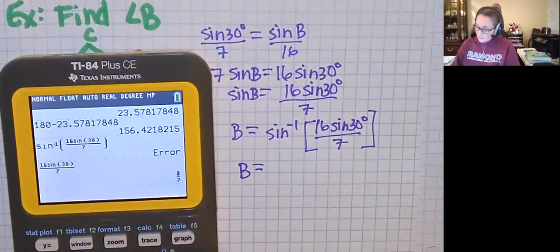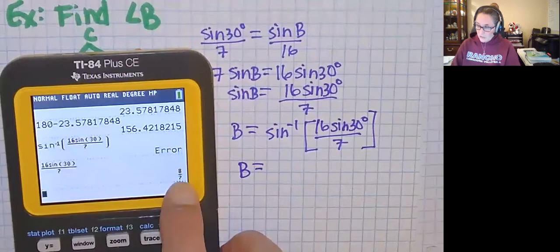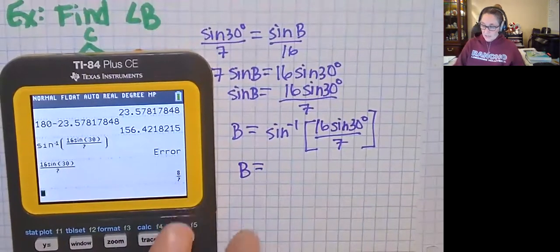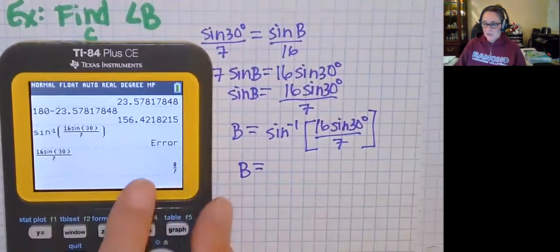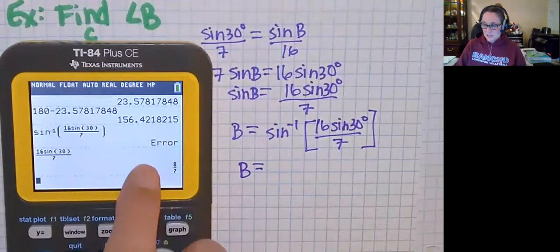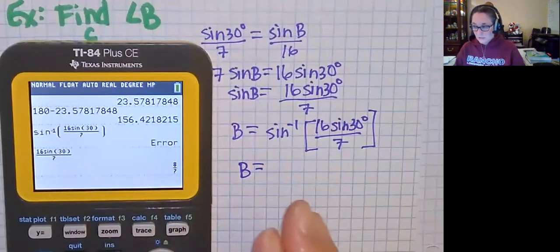And this gives me 8 sevenths, which is something more than 1. And what you might have seen is that sine and cosine have a maximum of 1. They will never be more than 1. They're always between 1 and -1.